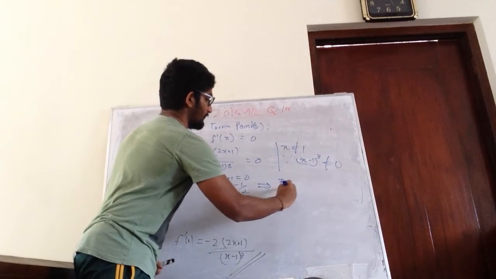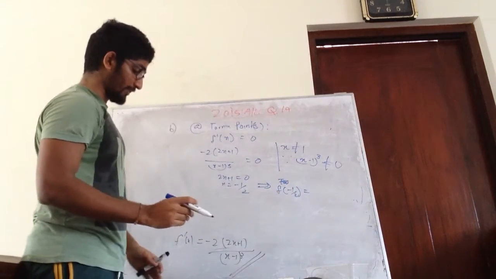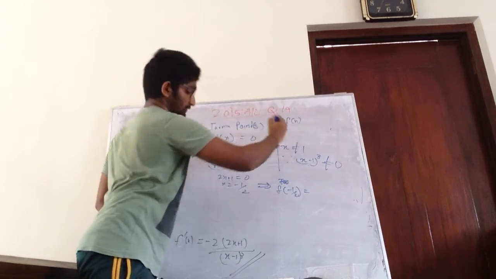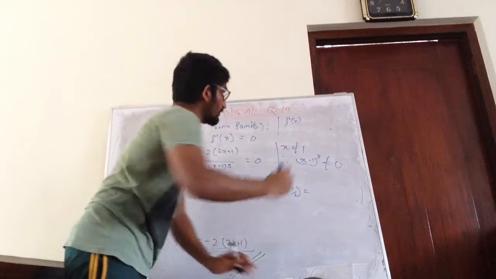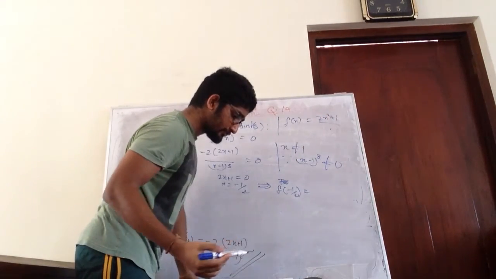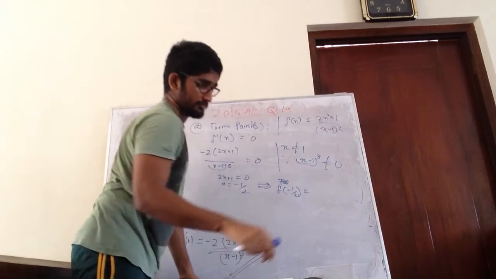So f, what is f? What is f now? f(x) is 2x squared plus 1 over x minus 1 squared.